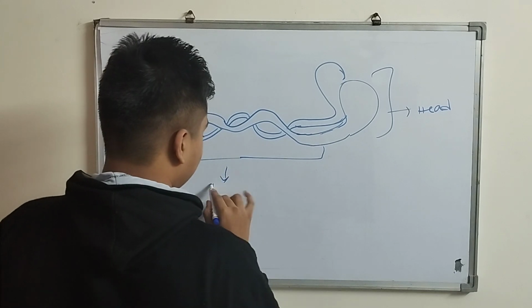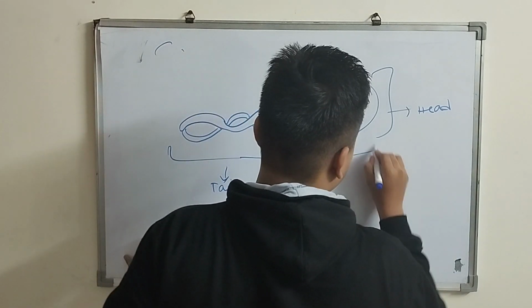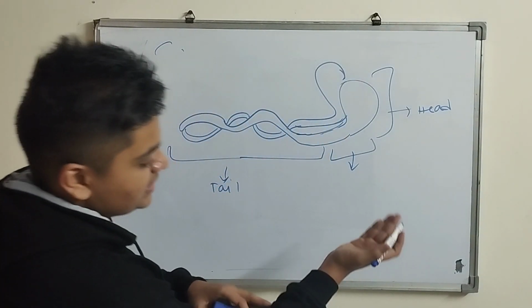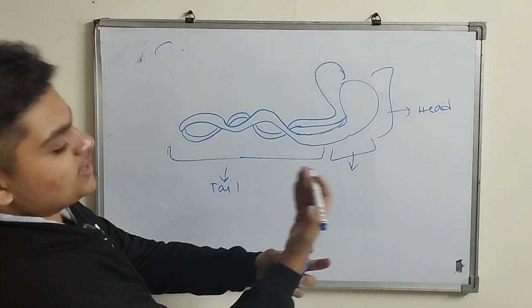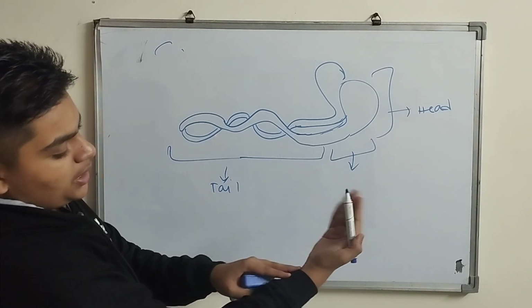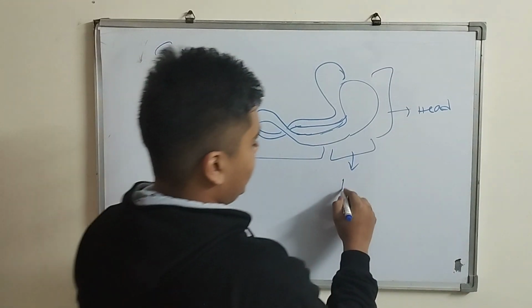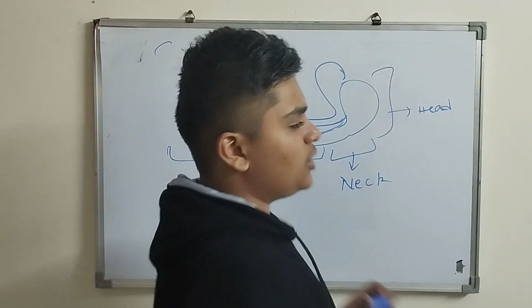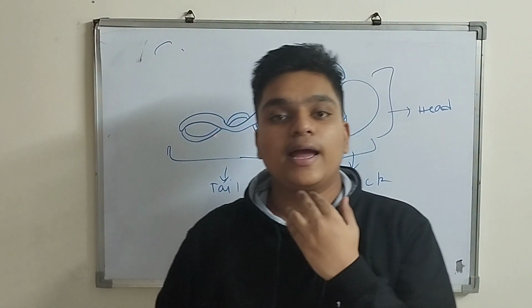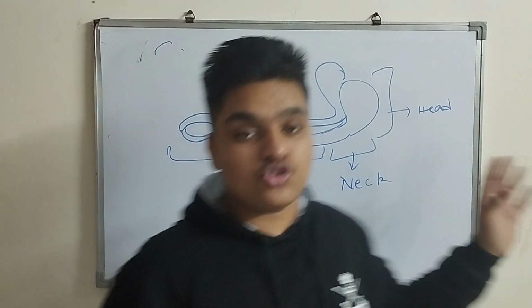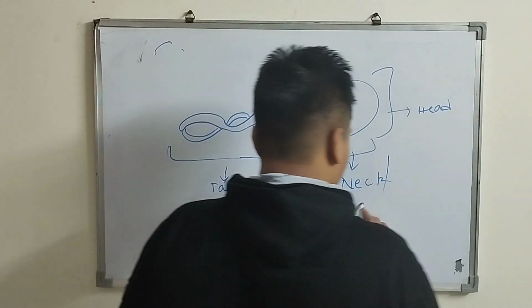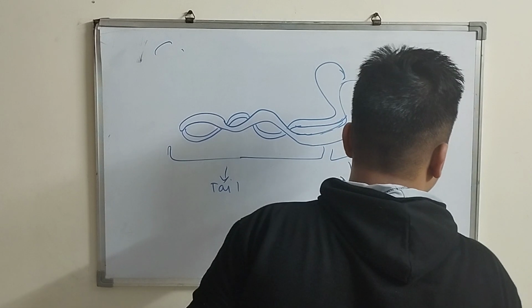The part that helps the myosin head to look up is the short arm or neck. The neck part, or you can call it the short arm.